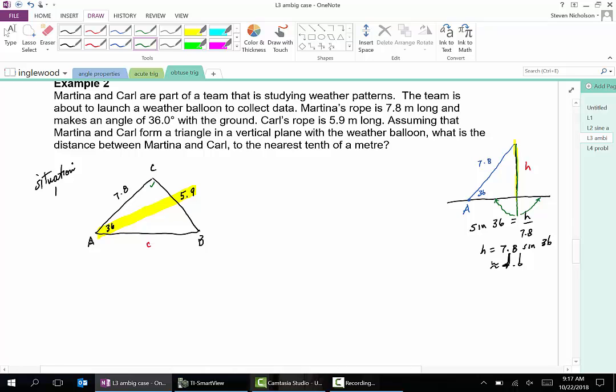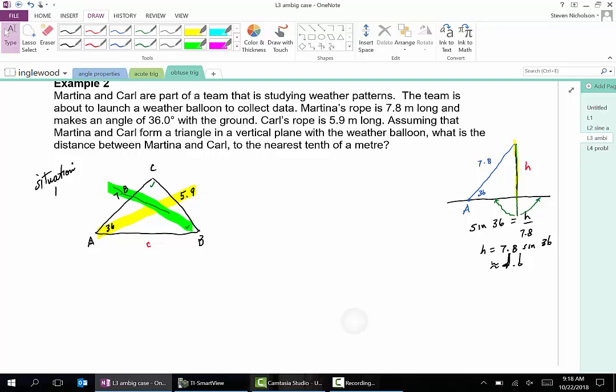In order to figure out angle C, the first thing I need to do is figure out angle B, and I should be able to do that with the sine law. So if we can figure out angle B, then we're going to know what angle C is, and as soon as we know what angle C is, then we can go ahead.